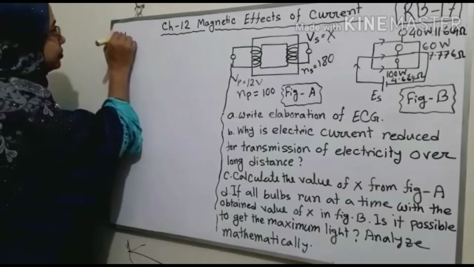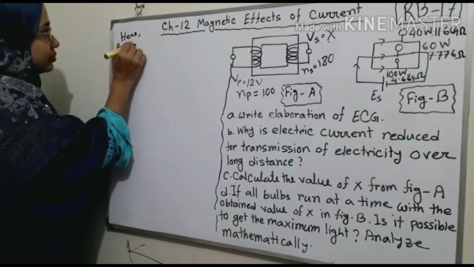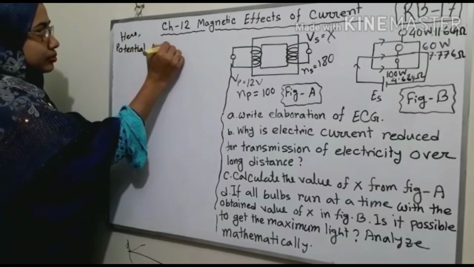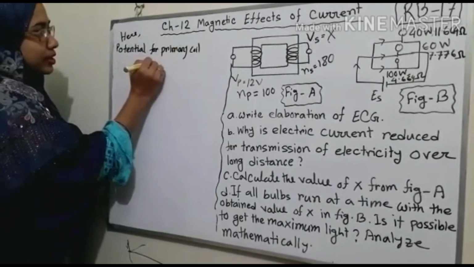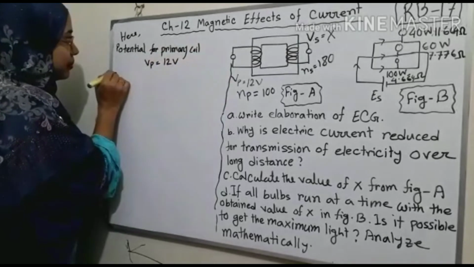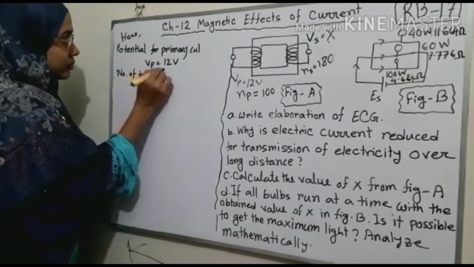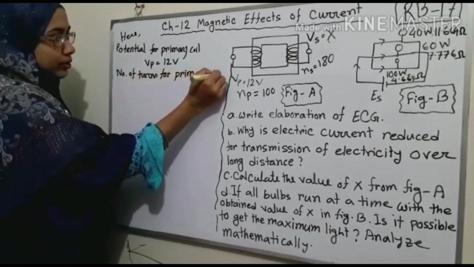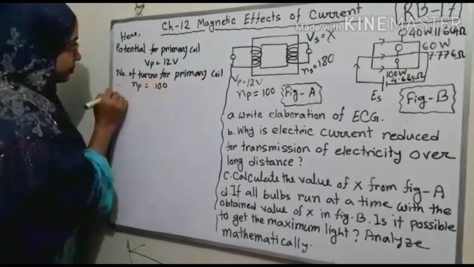Here, potential for primary coil, Vp is 12 volt, which is available here. Number of turns for primary coil is also available here, Np, which is 100.